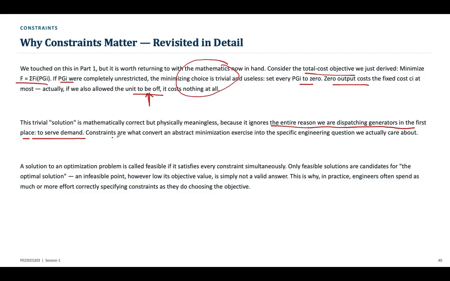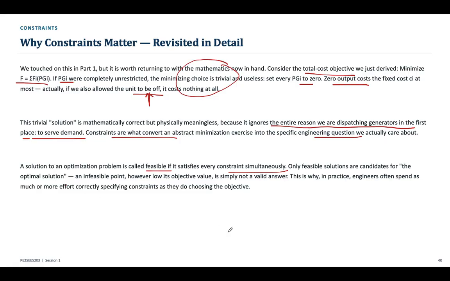So constraints are what convert an abstract minimization exercise into a specific engineering question we actually care about. A solution to an optimization problem is called feasible if it satisfies every constraint simultaneously. Only feasible solutions are candidates for the optimal solution. An infeasible point, however low its objective value, is simply not a valid answer.